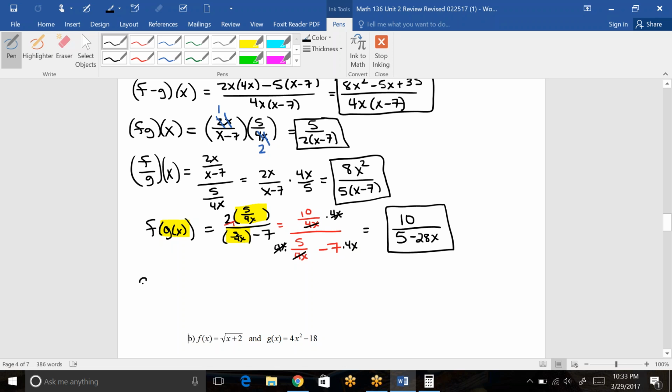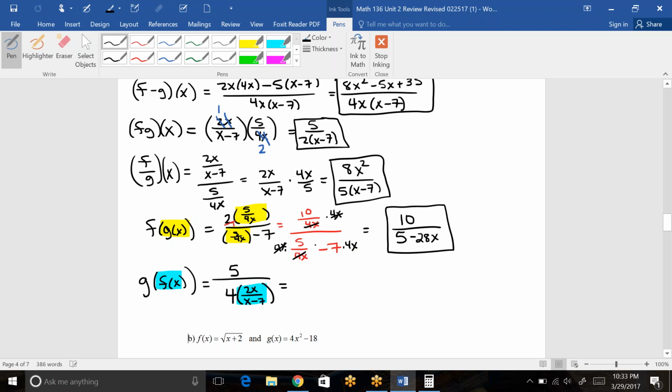And then the last one is g of f of x. So this time you write the g function, which was 5 over 4, and then blank for x. And in that blank, we fill in f of x. So the f of x was 2x over x minus 7. This one's a little bit easier to evaluate.